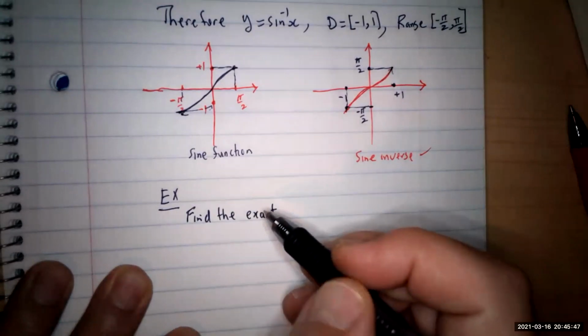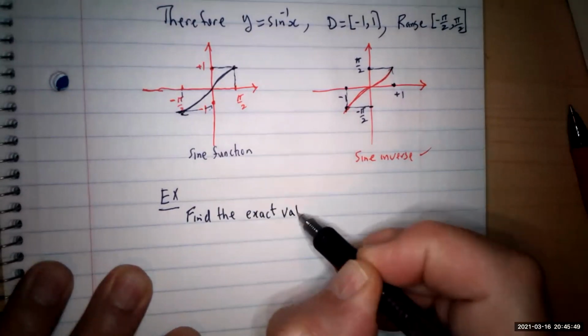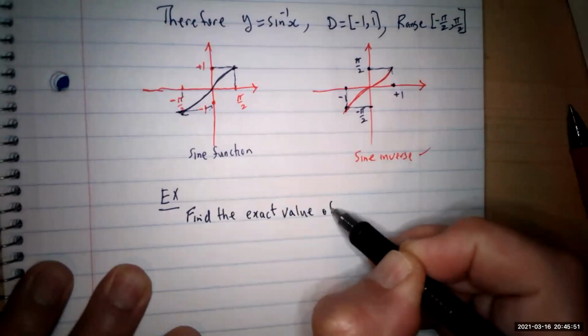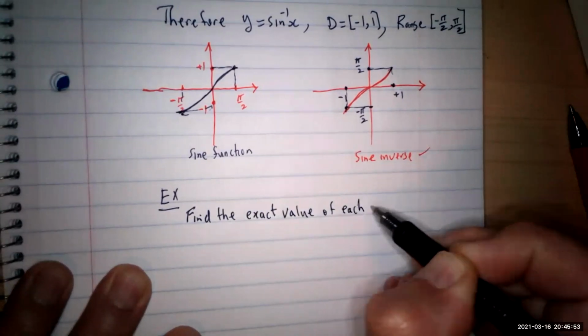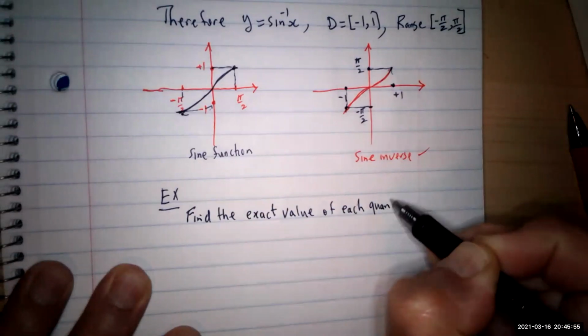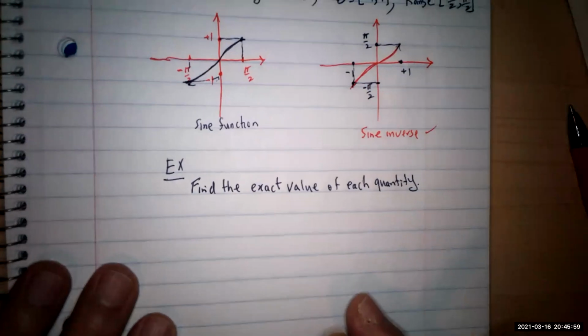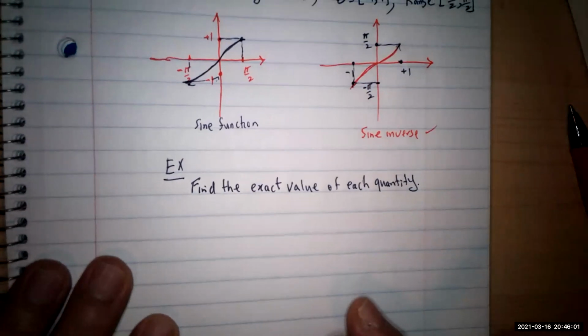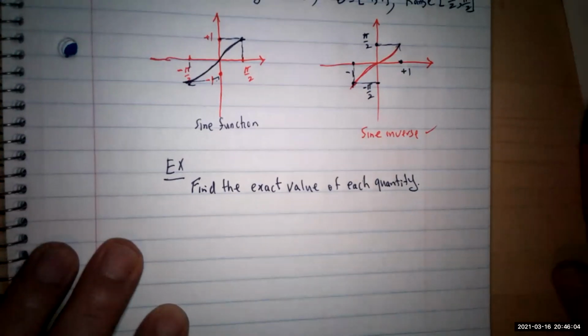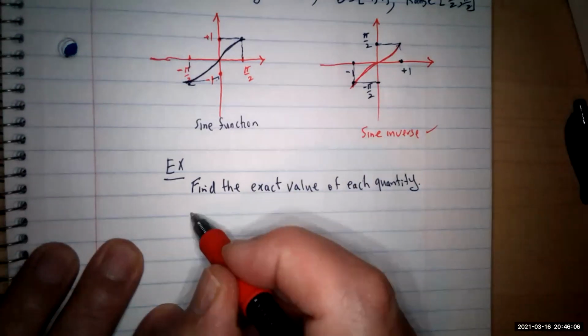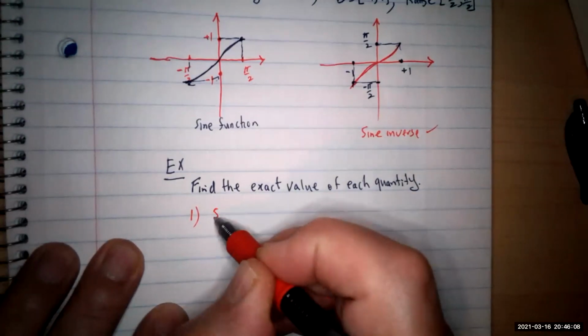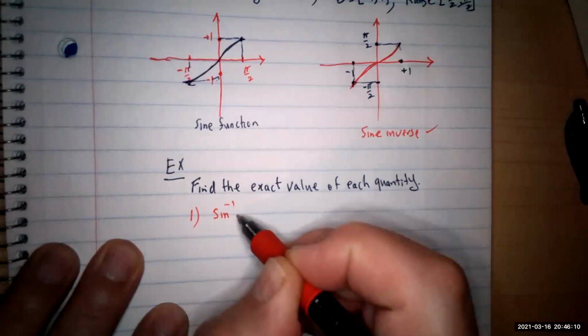Find the exact value of each quantity. This is the way we are going to ask you a question. So the first one, for example, we may ask what is the sine inverse of 1.